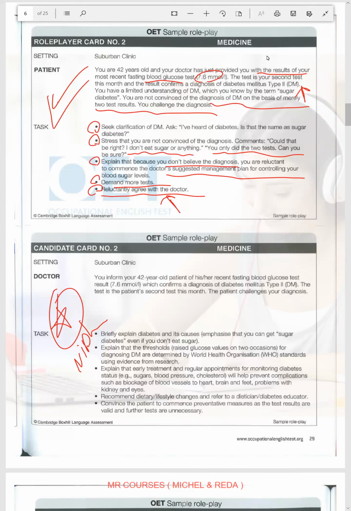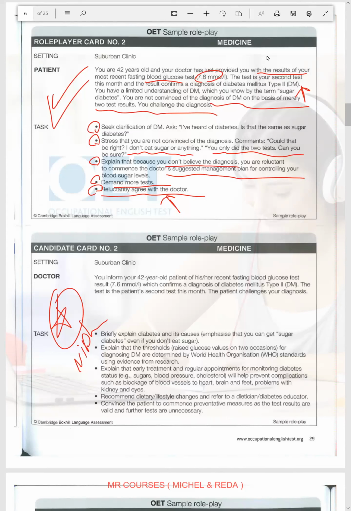Okay, actually, I'm just waiting for the results of my fasting blood sugar. Okay, if I heard correctly, what should I tell?